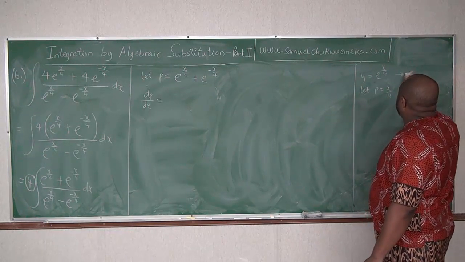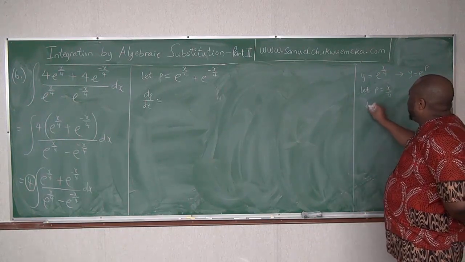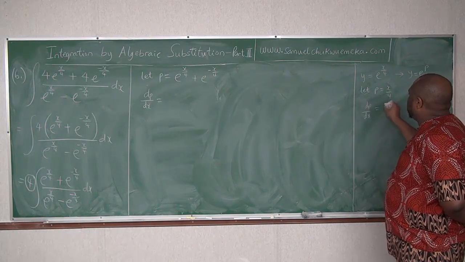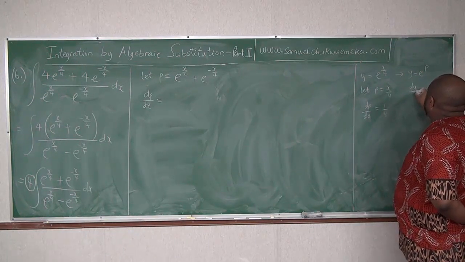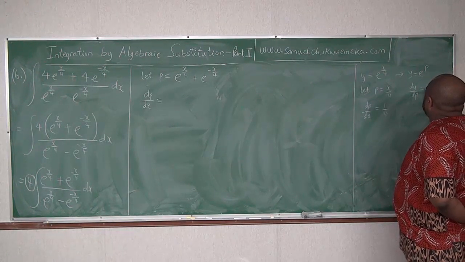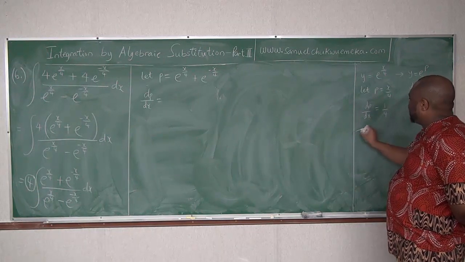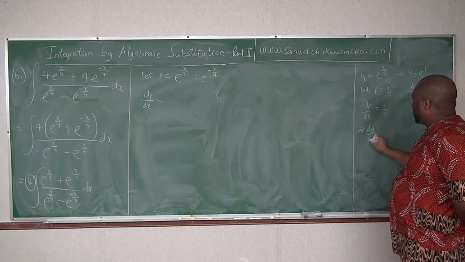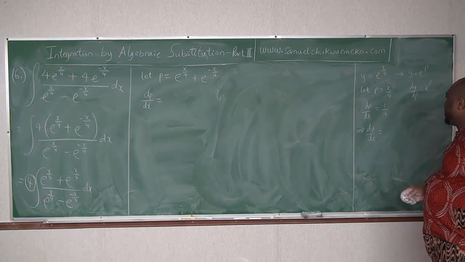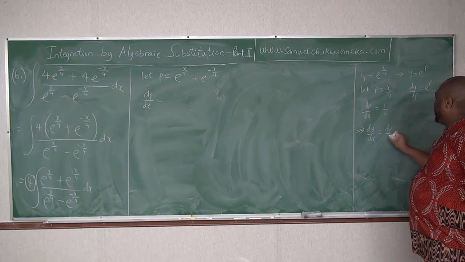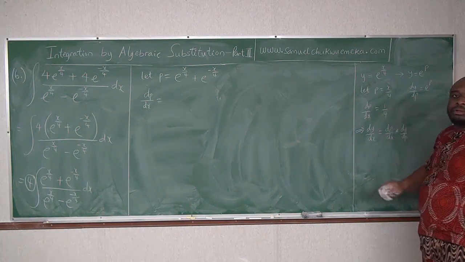This means that y is e to the p. So dp dx is 1 over 4, and dy dp is e to the p. This implies that dy dx is dp dx times dy dp. This is chain rule.